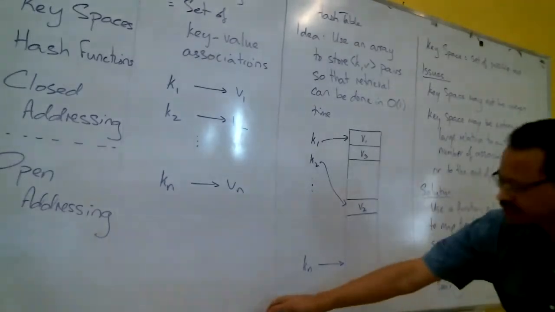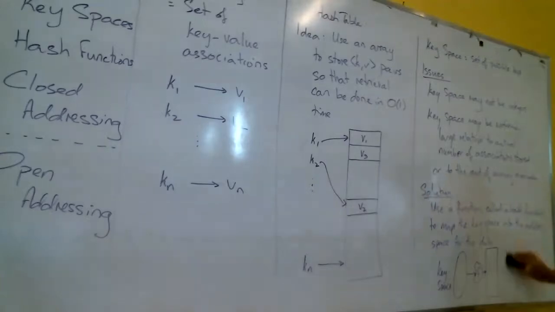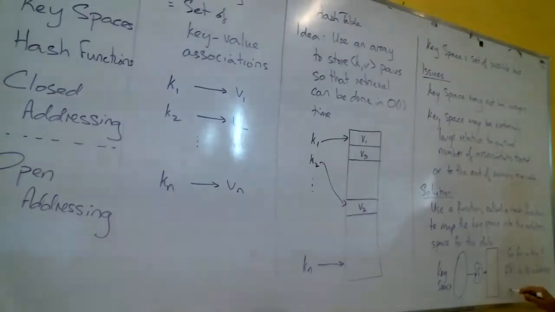So the idea is that for any key k, f of k is its address in the table.